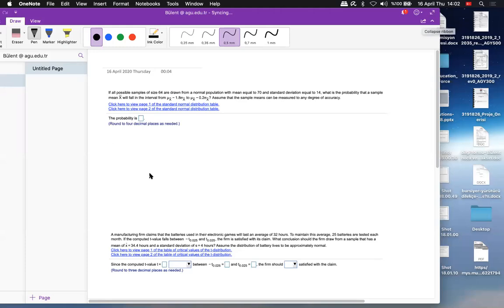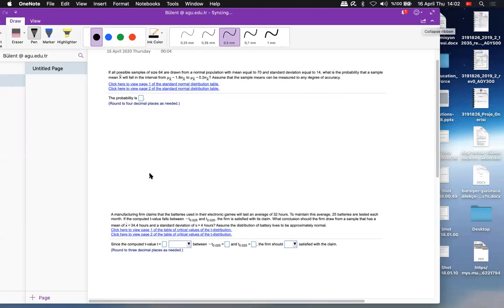So there are 3 questions, and in this question, if all possible samples of size 64 are drawn from a normal population with mean equal to 70 and standard deviation 14, what is the probability that a sample mean X bar will fall in the interval, this and that?